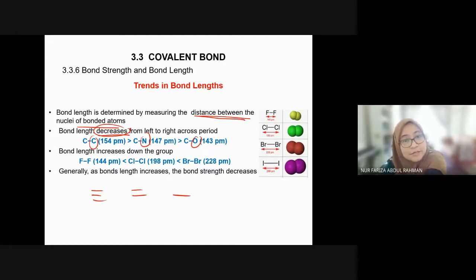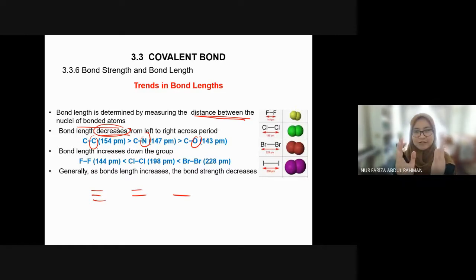Okay, maksudnya you should be able to relate tadi bond strength in terms of order of the bond. The order of the bond we have single, double, and triple kan. So kalau dah triple tu attraction dia kuat. Maksudnya the more electron share, the stronger the attraction.